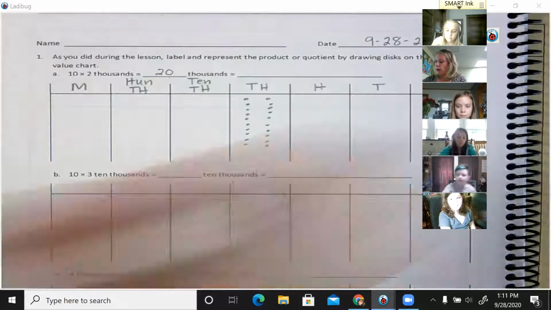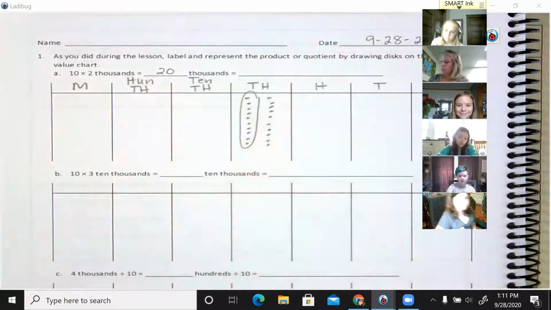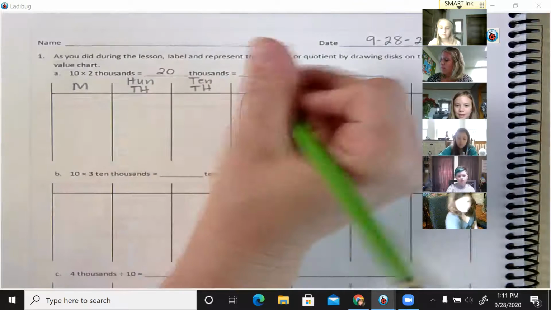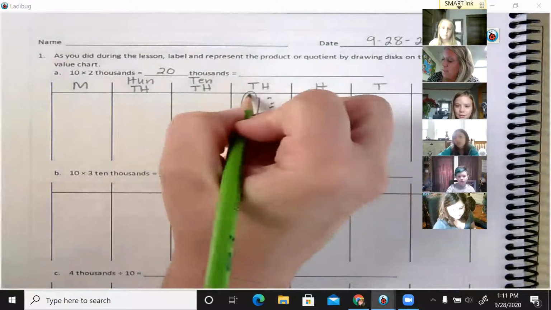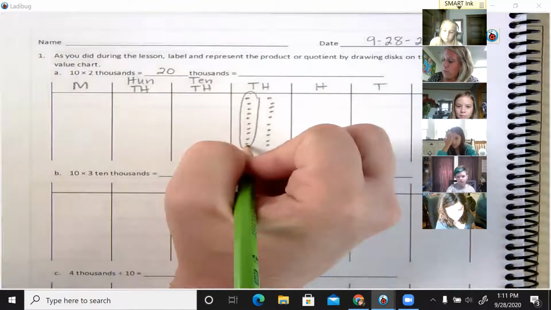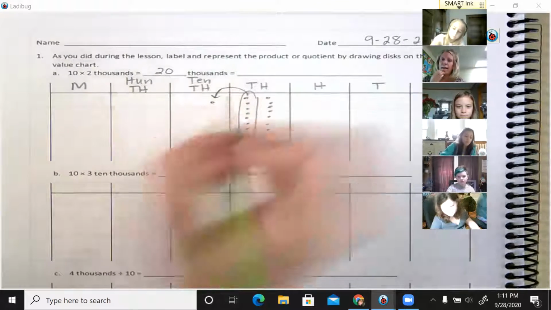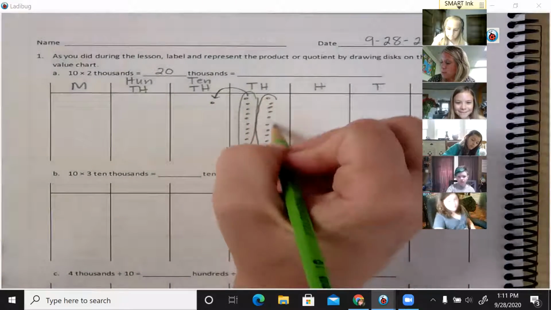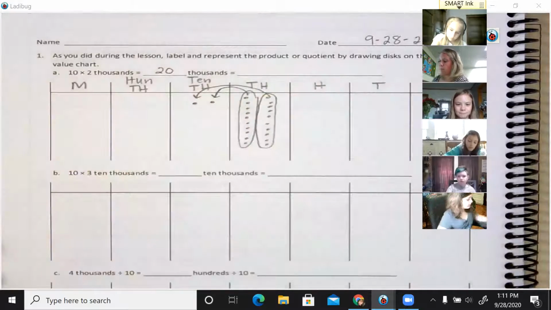So now I'm going to bundle 10,000s together, and those 10,000s are going to give me one what? 1 10,000. So I'm going to take my 10,000s and turn those in for a 10,000. And then I'm going to take these 10,000s and turn those into another 10,000.